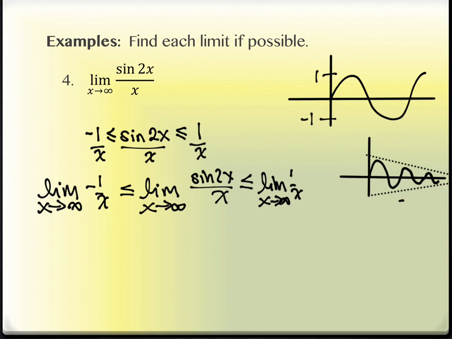Look at the outsides of your inequality. Do we know how to take the limit of -1 over x? Yeah. Do we know how to take the limit of 1 over x? Yeah. And what are both of them? They're 0. I have sandwiched or squeezed the limit that I care to find in between two values that I know the limit for.